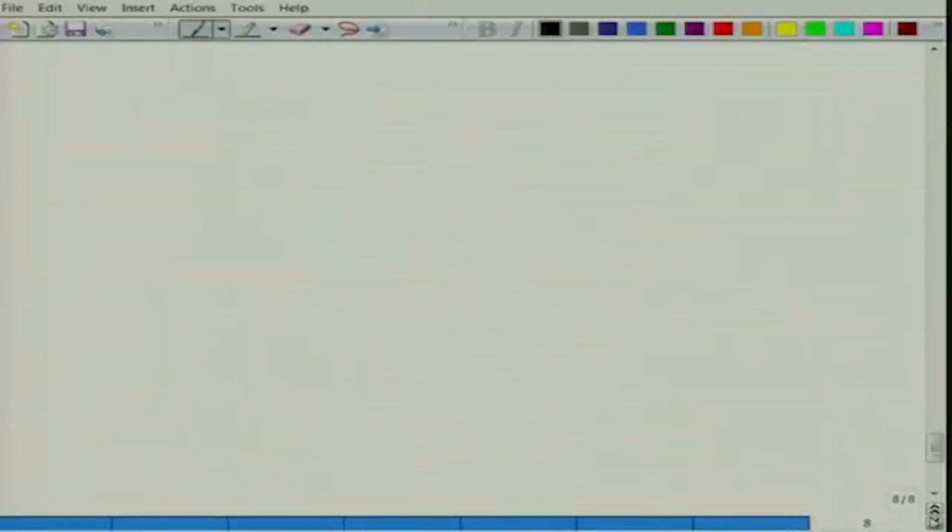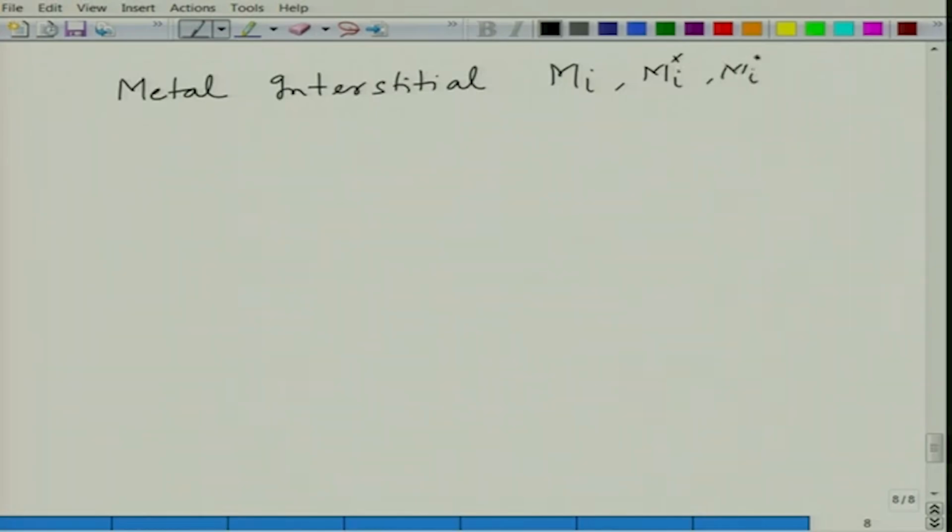And if you have a metal interstitial, it will be Mi. Again, it could be MiX, it could be Mi dot, it could be Mi double dot, and so on, depending upon the valence of the metal, whether it's completely ionized, partially ionized, or unionized.